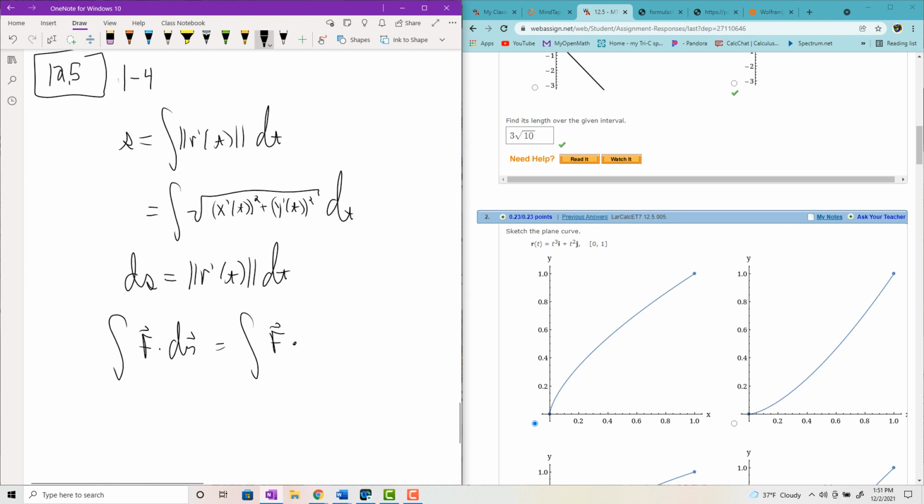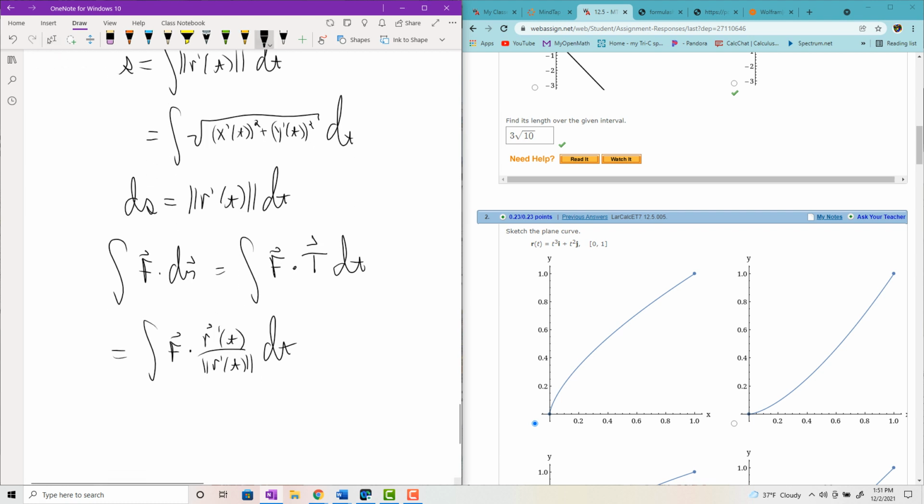So it's F dot, what the heck was it? Well, this would have been the unit normal. It's this thing, right? That's kind of where you start with this integral. And if you look at that vector T, what is that vector T? Well, that's r prime of t all over the magnitude of r prime of t dt. And you kind of see that magnitude of r prime of t dt is up there with that ds part.